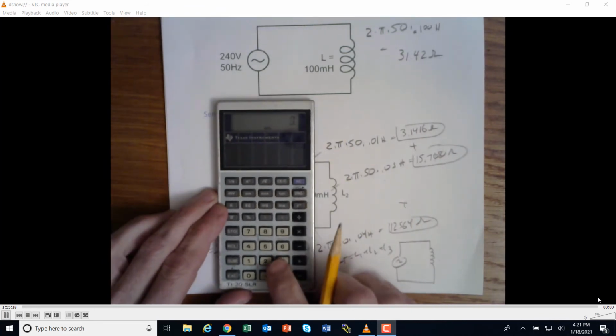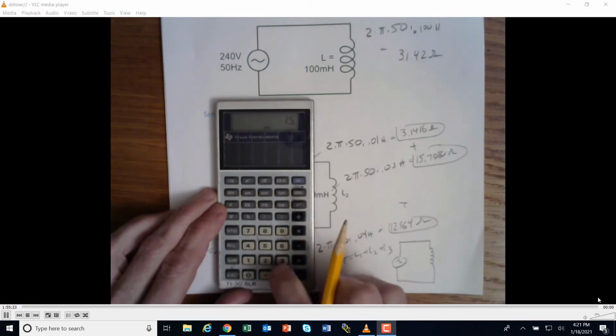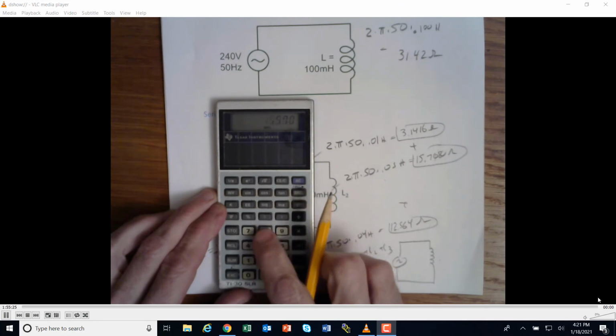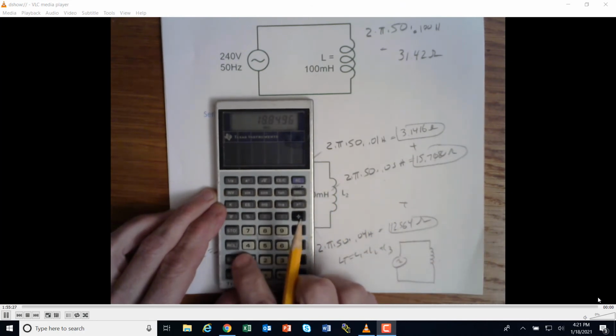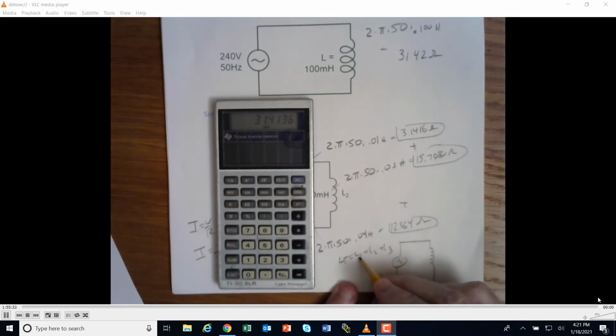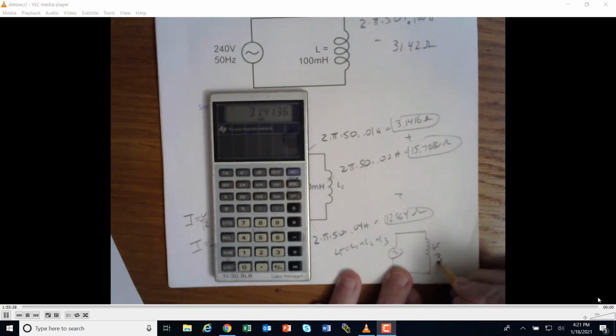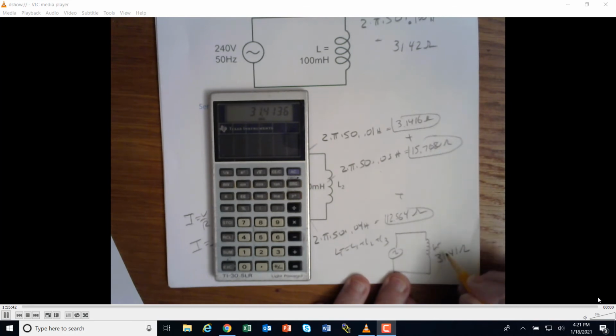So 3.1416 plus 15.7080 plus 12.564. I'm going to come up with a total right here of 31.41 ohms, okay? So that would be my total right there.